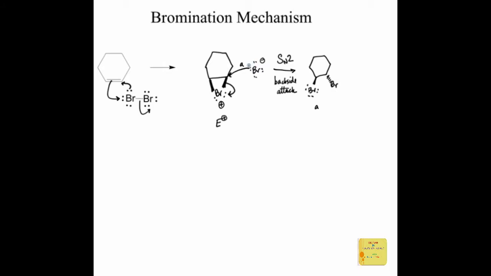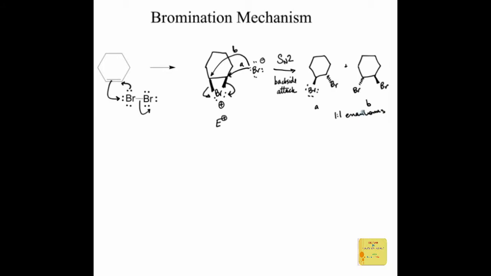Or we could have it attack the other carbon and do an SN2 on that carbon, path B, and that's how you can see we can get to our other enantiomer. If we attack that carbon, then this carbon would be the one, bromine would be the one that's back, and this one would be out. So we get our 1-to-1 mixture of enantiomers.